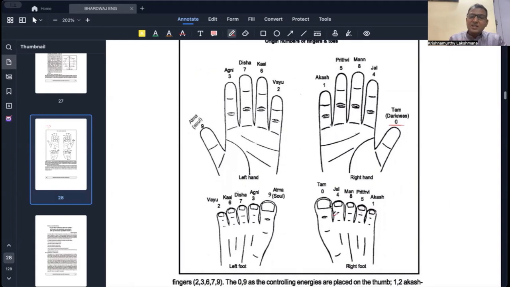And the same is done in the feet also. So the thumbs will get 0 and 9. And then the smallest finger will be 1, the next smallest will be 2, the next taller will be 3, the next taller will be 4. In the same way that we have done in the hand, similarly we will do it in the feet.